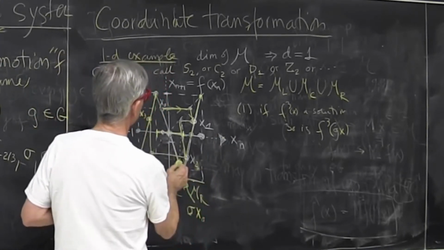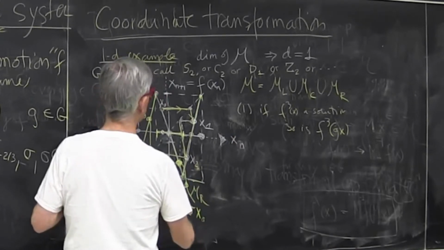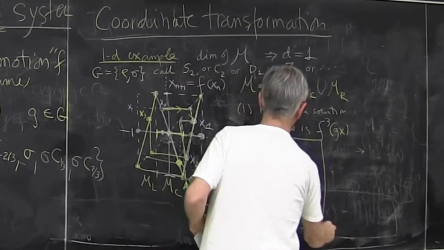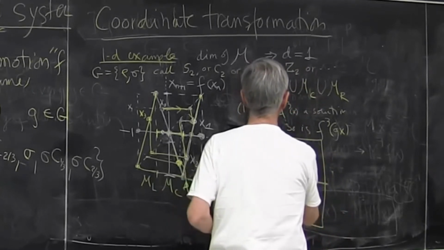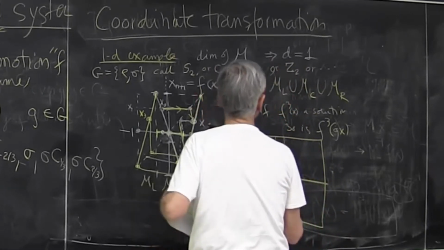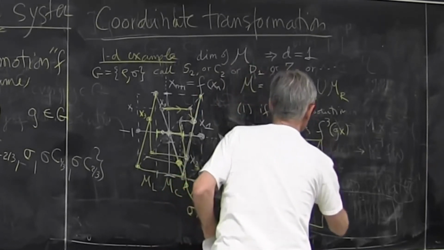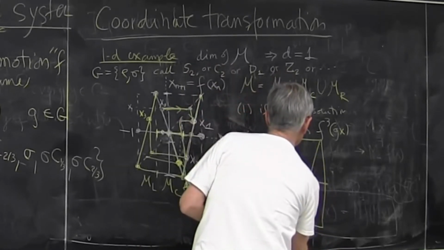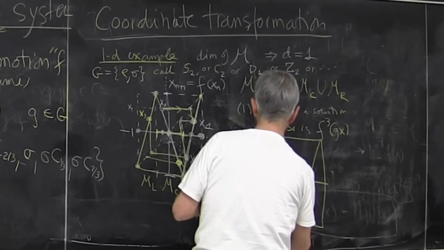So what happens here is, I go that way, and maybe it's better to draw it as a separate picture because it gets too busy. Here's the map. And if I start here, then the thing will look like that.